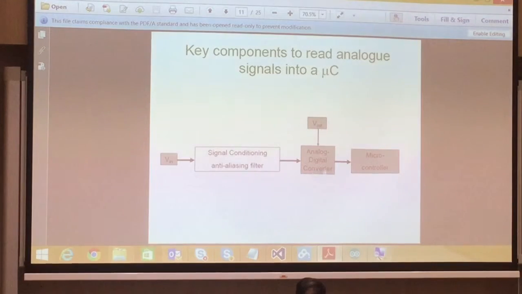Then you have analog to digital converters, and for these you need some reference voltage. Then the output from the analog to digital converter goes to the microcontrollers to do the processing.